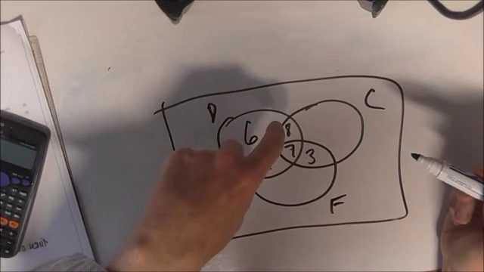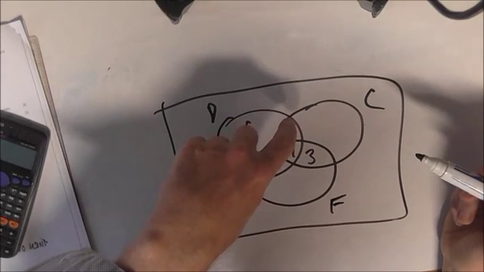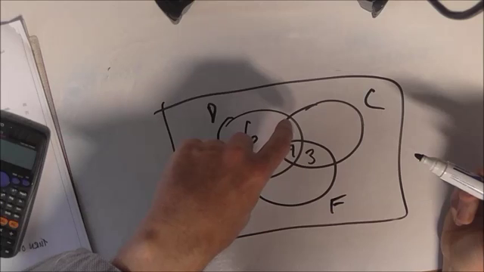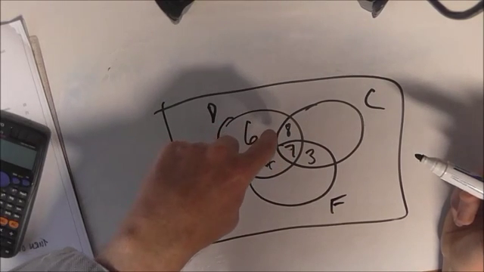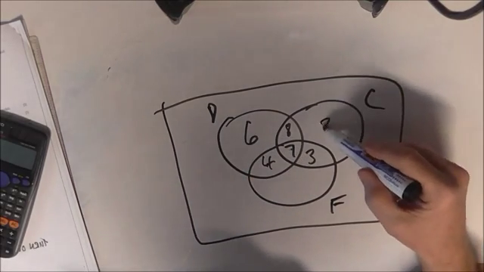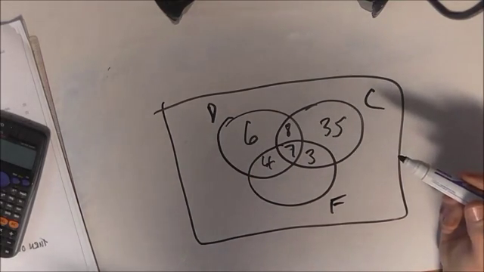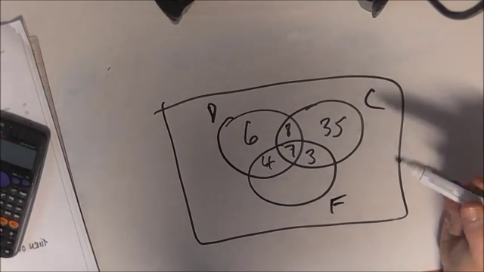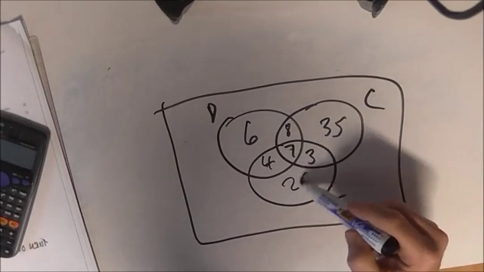How many own cats? 53 own cats. So that's 15, 18. I think that needs to be 35, so it adds up to 53. And finally the fish is 40. So that's currently 14, so that's got to be 26.